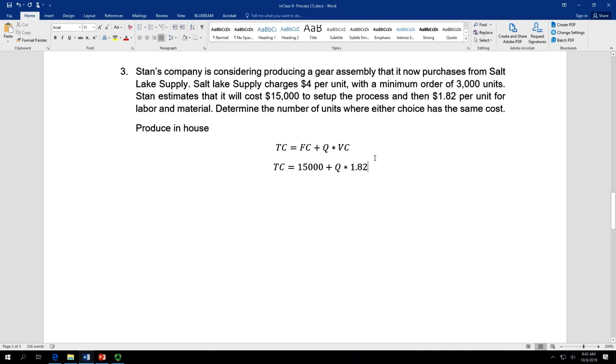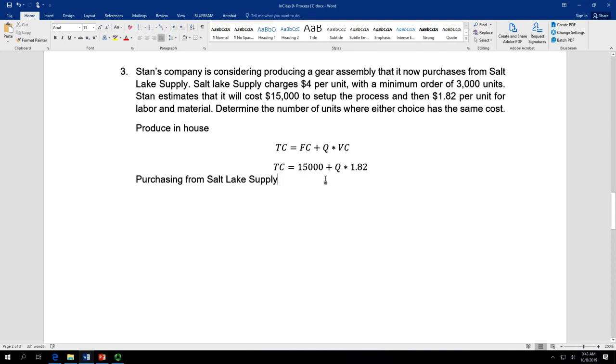And another option is purchasing from Salt Lake Supply.